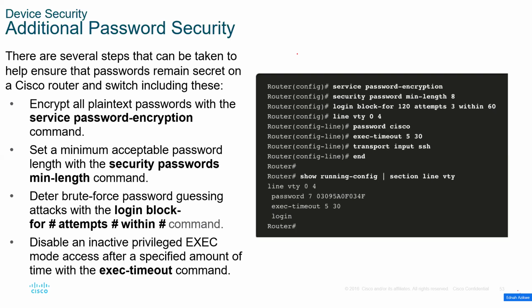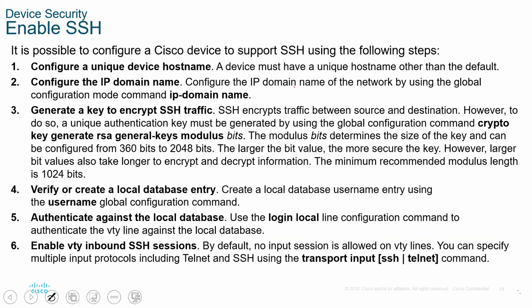An additional thing on password security is when you are applying passwords to your routers and your switches. All right. Remember, you can add a service password encryption, or you can create a password for enable mode. You can create a password for anything that you want to do on the router or on the switches.